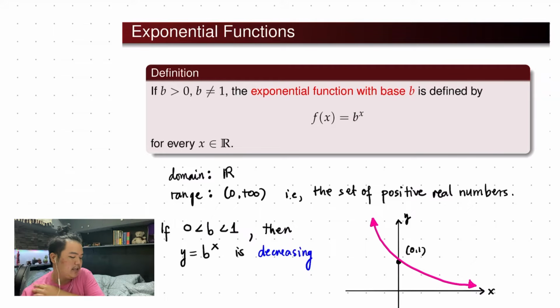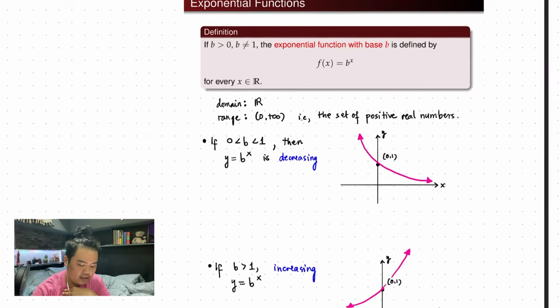Lahat ng x pwede ilagay basta real number. And the range is 0 to infinity or the set of positive real numbers. Meaning, this b raised to x is always positive. Lahat ng ilalabas nito, b raised to x is always positive, kahit anong x yung ilagay mo, as long as your base is greater than 0, not equal to 1. So, take note of that. The base must be greater than 0 and not equal to 1.